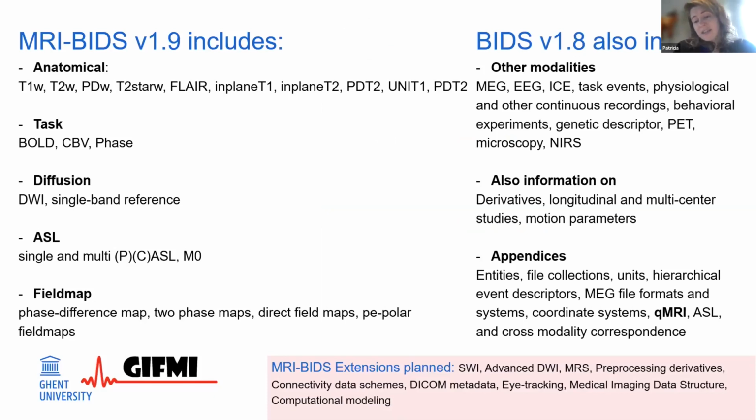But additionally, you also will see that there are still many techniques that are not yet included. And you can see on the bottom of my slide, these are all techniques that the BIDS community is still working on. So if you have expertise in one of these techniques, feel free to get in touch with the BIDS team. You can definitely make a contribution by helping write or review the specification.